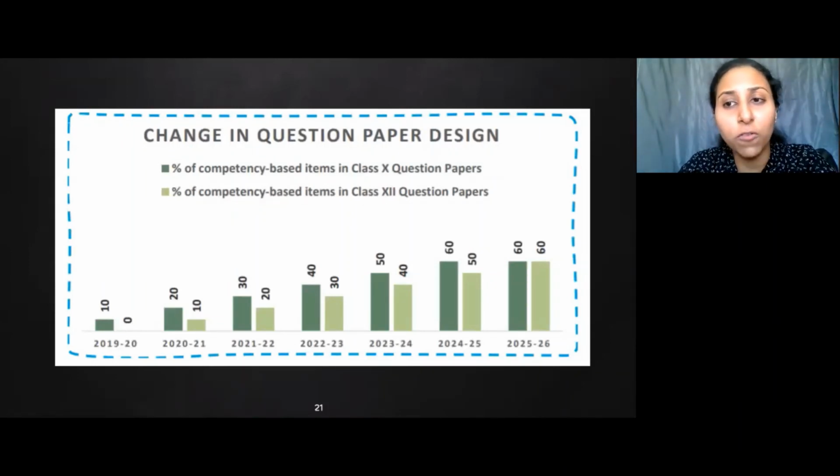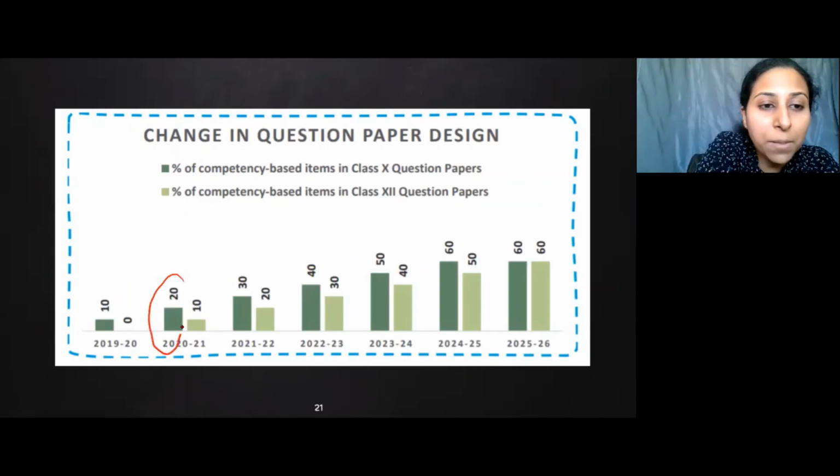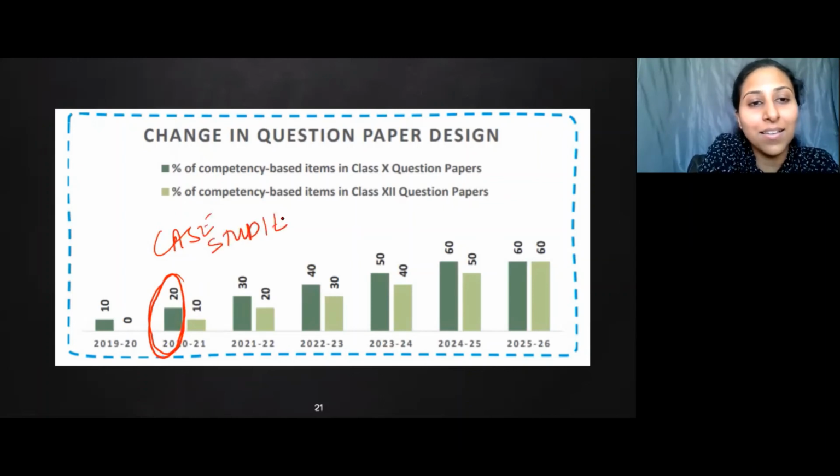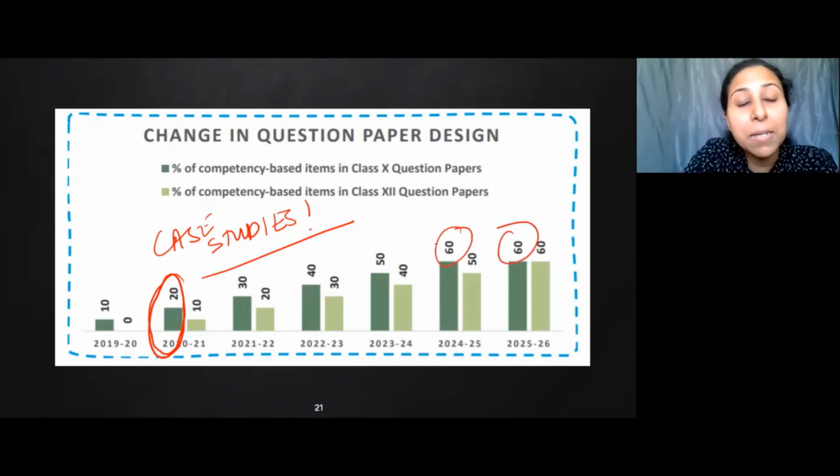The percentage of PISA type questions is only expected to grow in the coming years, both in the 10th and 12th grade. This year, they have introduced PISA-based questions in the form of 20% of your paper coming in as case studies. This is going to increase eventually to a range of 60% of the paper.